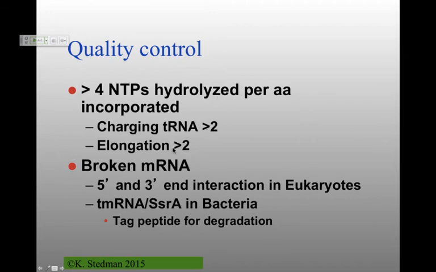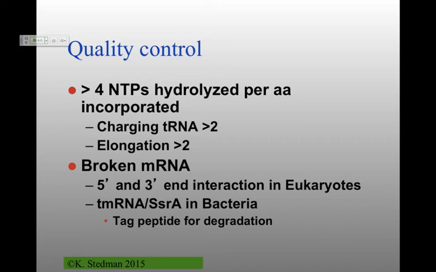Elongation, you need 2 GTPs, and that's above and beyond initiation and termination, where you need all of this nucleotide triphosphate hydrolysis. So it ends up using a lot of energy. Partly because of that, it seems that there are lots of ways that the cell controls to make sure that you don't translate bad RNAs. So how do you know an RNA is bad?